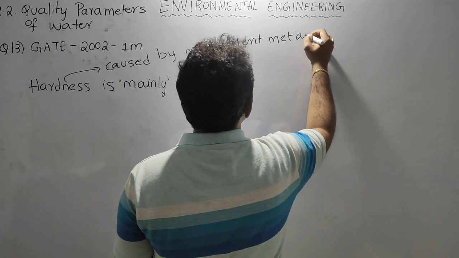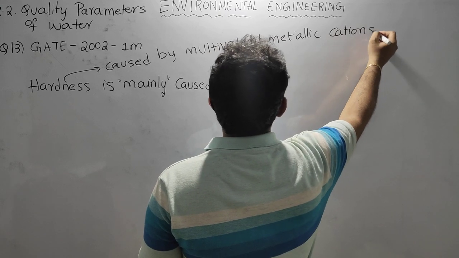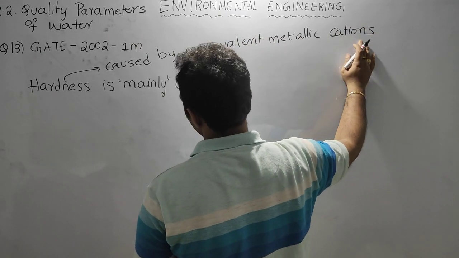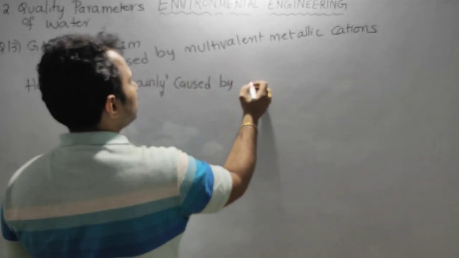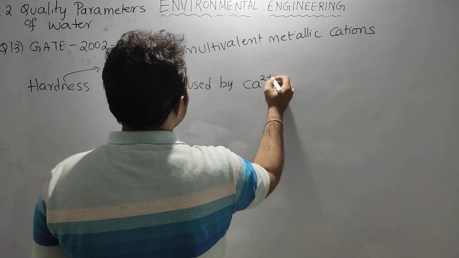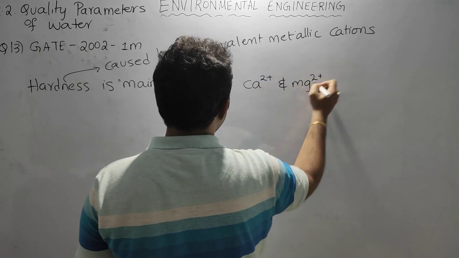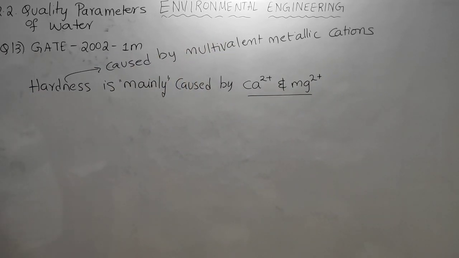Generally hardness is caused by multivalent metallic cations. There are many, but mainly it is caused by Ca2+ and Mg2+. Okay, that is the answer.